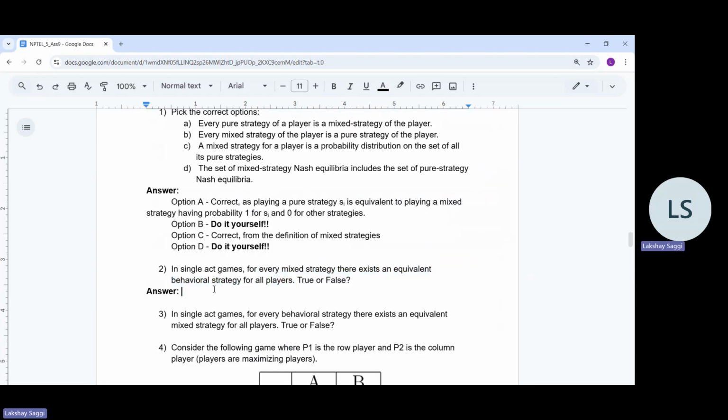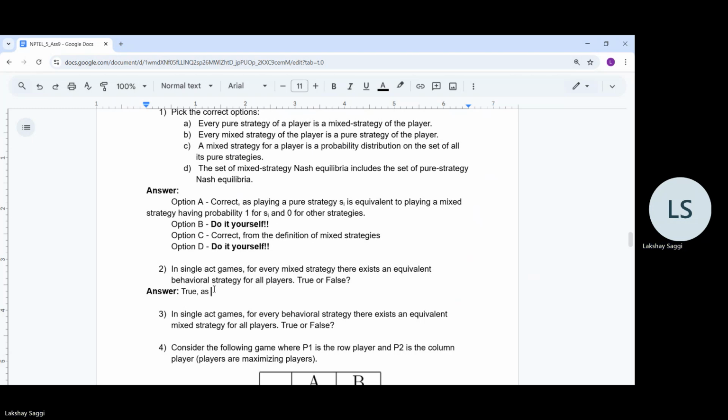And Kuhn's theorem says that, and this is true for any player, every player will have perfect recall in single-act games because there is nothing to recall if every player is playing only once. So all mixed strategies will have equivalent behavioral strategies and vice versa. So true.